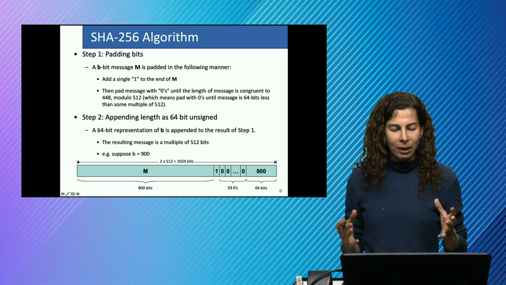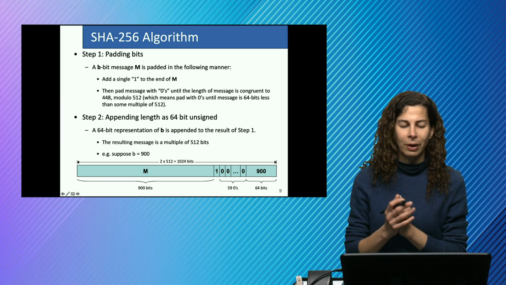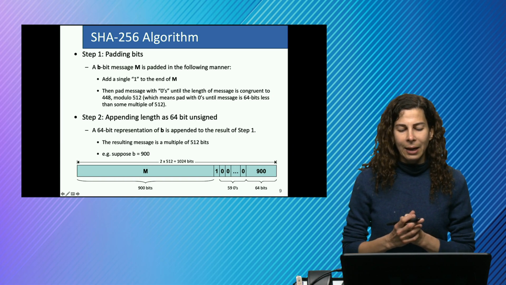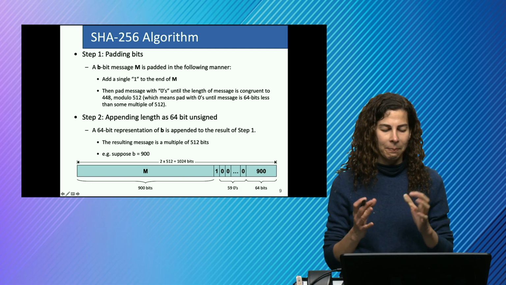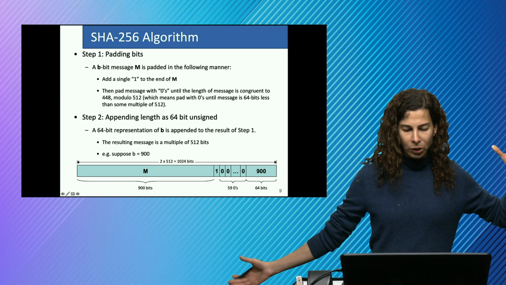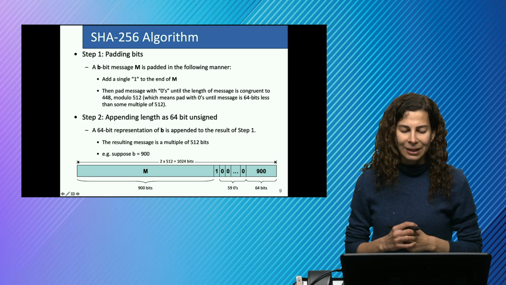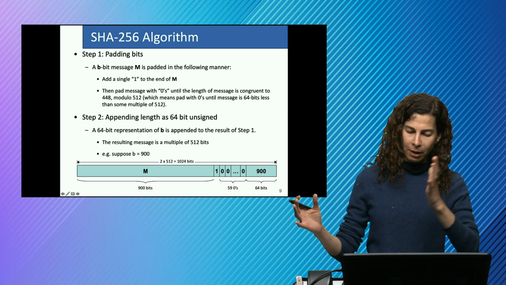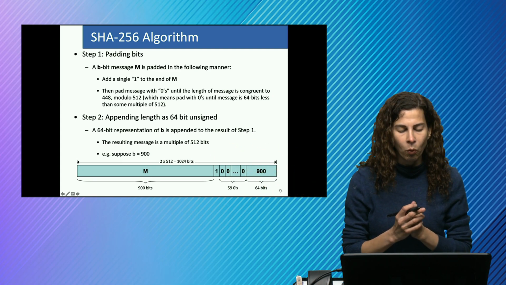So remember, we have the SHA-256 algorithm where the input was 512-bit blocks, and we have to pad a message which could be much larger than 512. We add a single one to the end of M, so we have M, and then we add a single one.